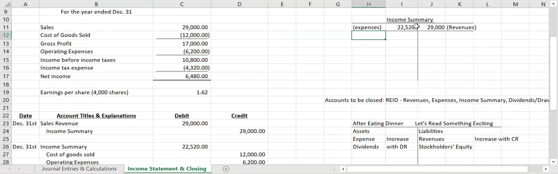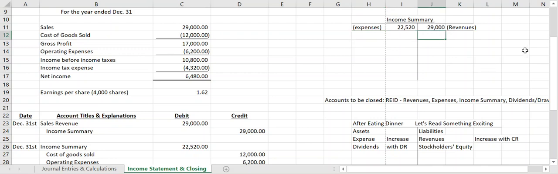So when we think about it, we know that when we're looking at a ledger, in this case a very small T account, credits and debits, when they're opposites, we subtract. So in this case, we have a credit of 29,000. We have a debit of 22,520. When we subtract the two, we know our credit side is larger.